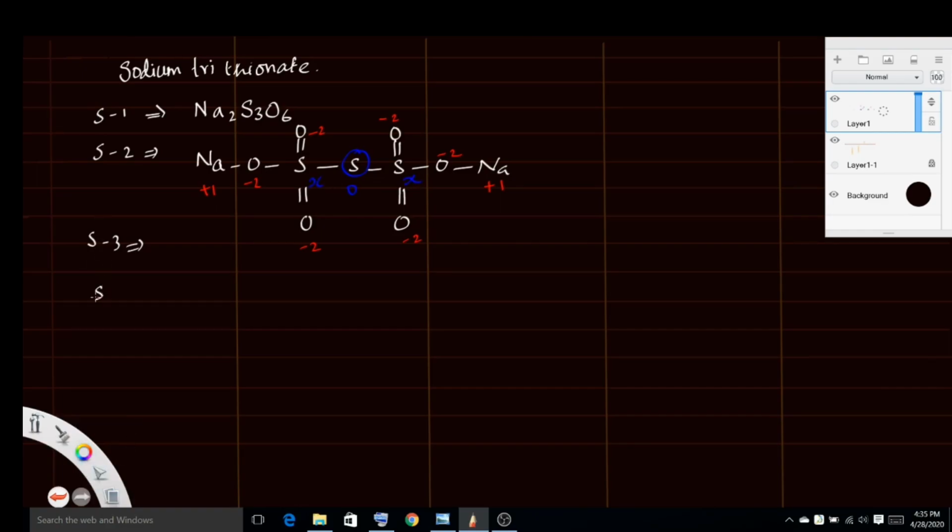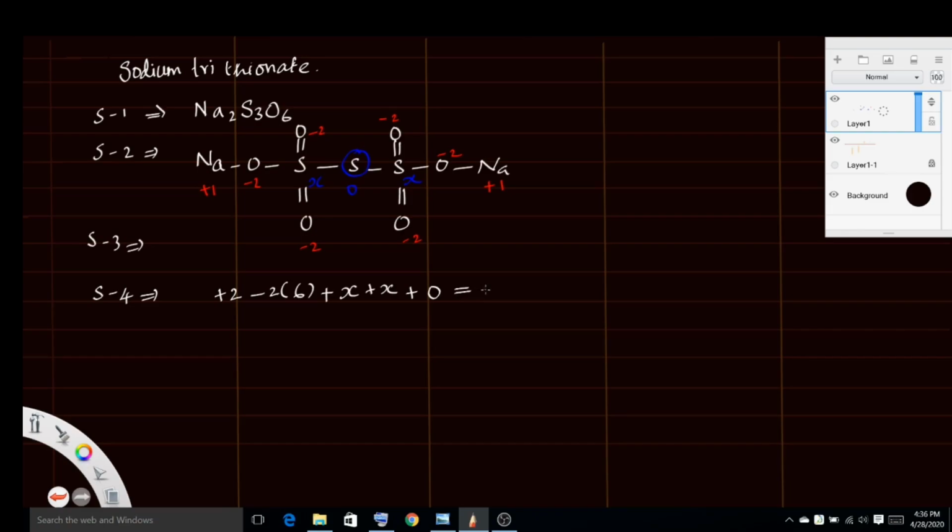Step 4, the sum of the oxidation numbers of all elements is equal to 0. So we have 2 sodium, so plus 2, and 6 oxygen having minus 2 into 6, plus 2 sulfur, that is X plus X, and the middle sulfur having 0 as the oxidation state.